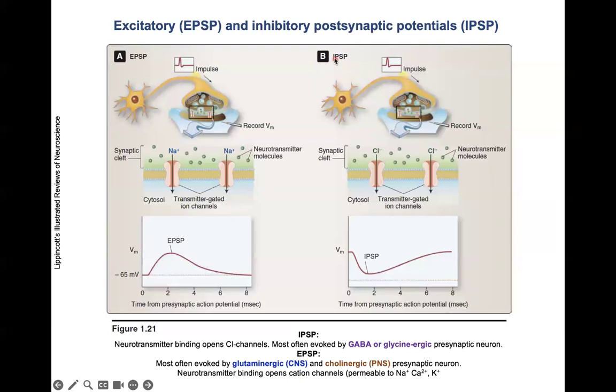It triggers IPSPs, inhibitory postsynaptic potentials. These two we have discussed in detail in a previous part, so I'll leave it out. You can see here a drop of the membrane potential. Examples for IPSP neurotransmitters: GABA or glycine. Examples for EPSP neurotransmitters: glutamate or acetylcholine.